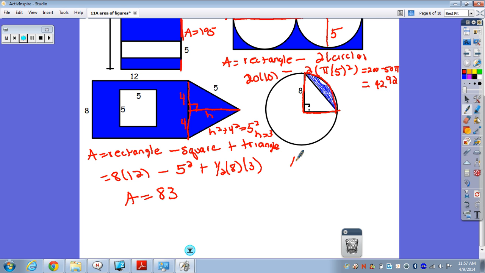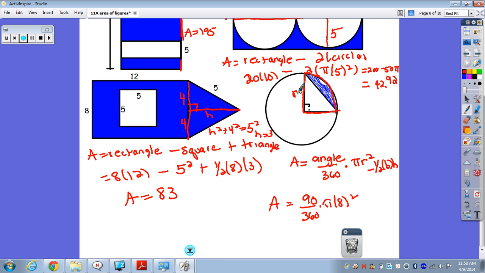So the area of a sector, if you remember, is the central angle over 360 times pi r squared. And then we're going to subtract the area of a triangle, which is 1/2 base times height. So we do 90 over 360 times pi, and my radius is 8 squared.